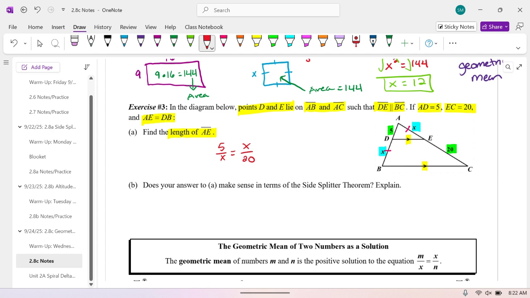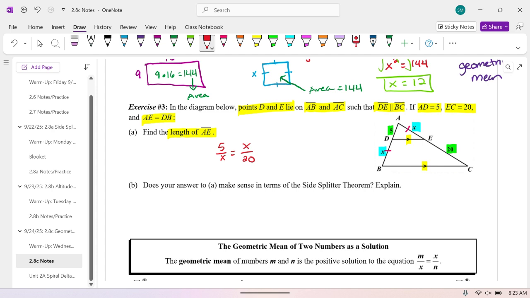So remember, side splitter, all you're doing is writing the proportion based off of your two sides. So one side is equal to one proportion. It doesn't really matter which way you put it, as long as you keep it consistent with the other side. So for example, if you put the lower side first for this proportion, you put the lower side first for the other one. Okay? It doesn't matter.